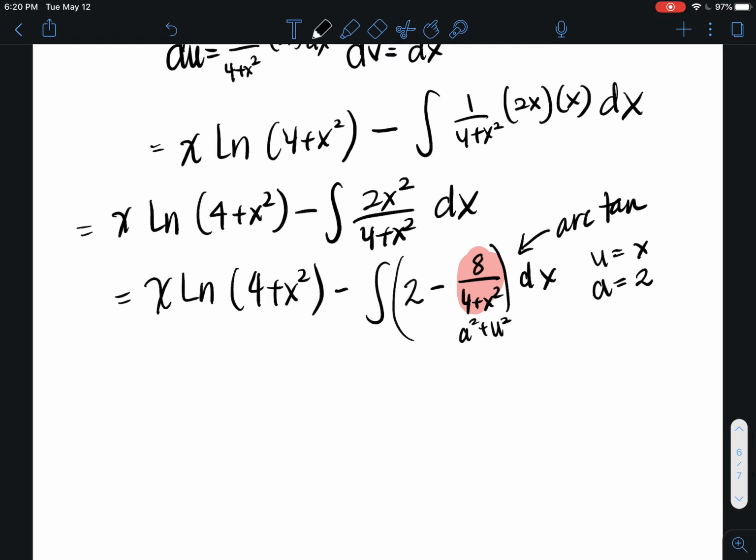So x ln of 4 plus x squared minus, and I'll put this portion in brackets.